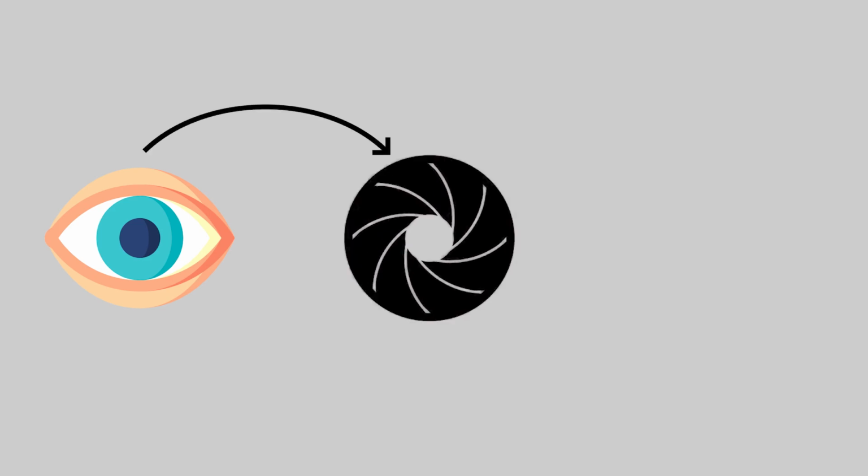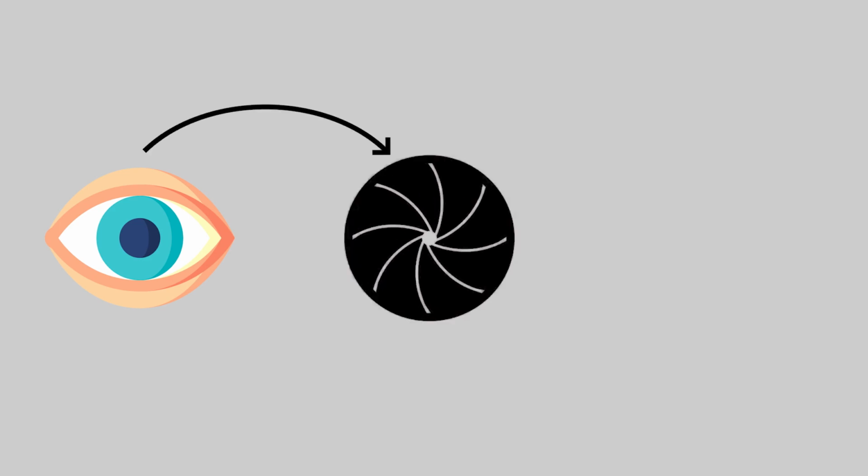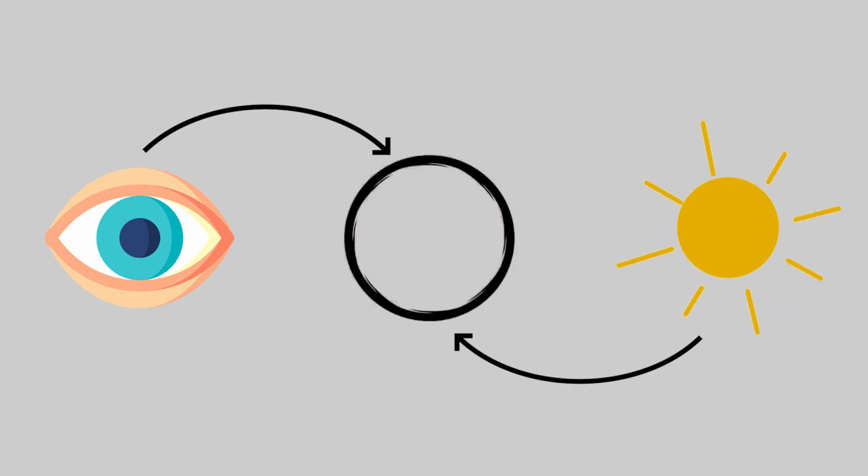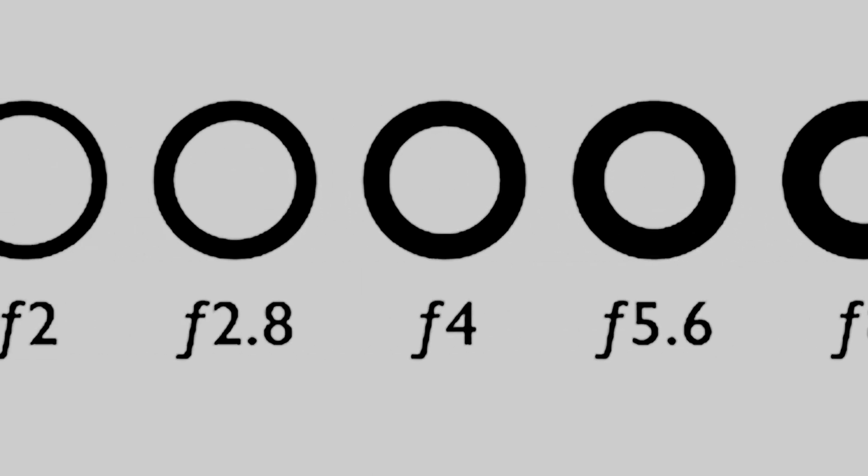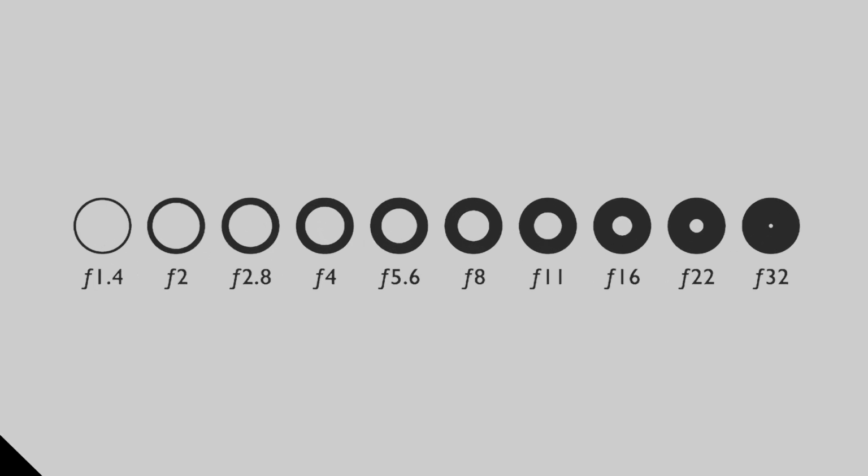What is aperture? Like the iris of your eye, the aperture blades on the lens of a camera control how much light is let into the camera lens. The amount of light that reaches your camera's image sensor will determine what the exposure looks like. Each aperture setting on the lens is referred to as an f-stop, a fraction that indicates the diameter of the lens opening.